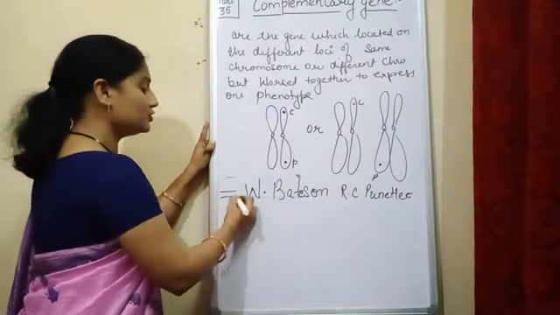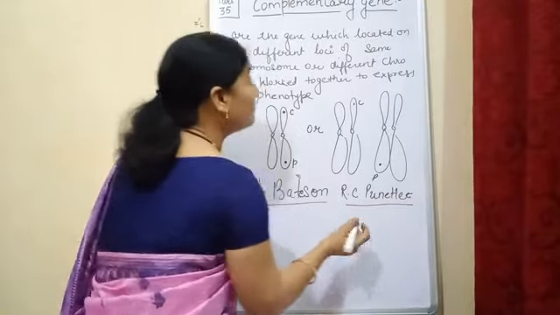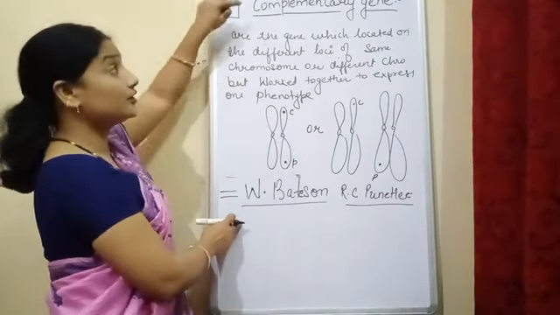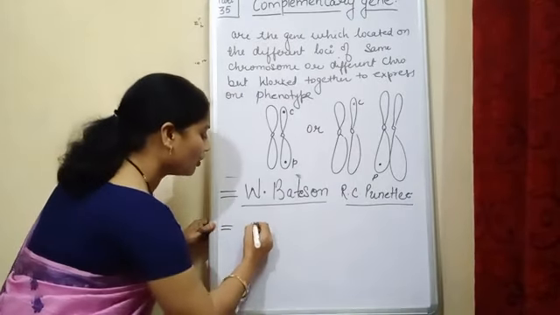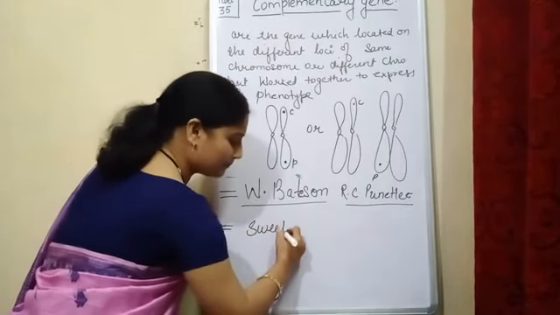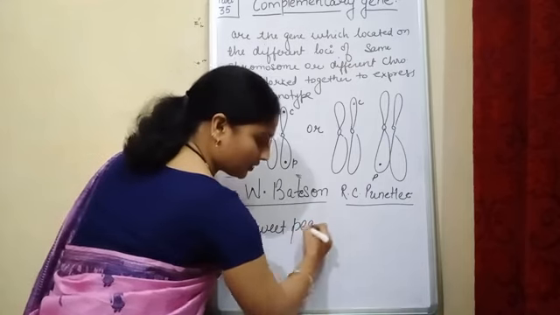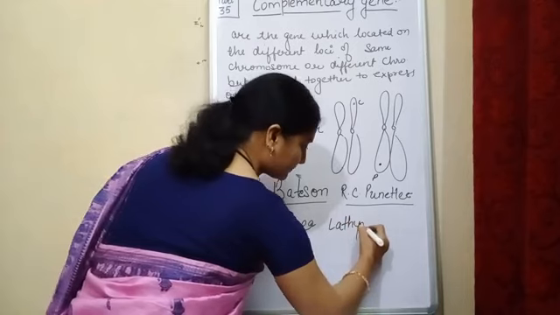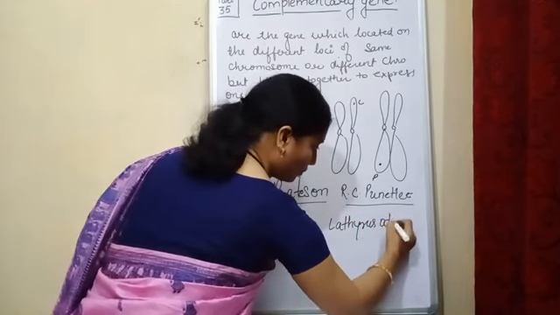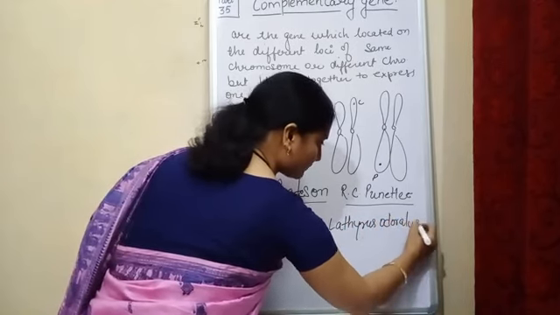Okay, these were the scientists who first discovered the complementary gene, and they worked on sweet pea, that is Lathyrus odoratus.